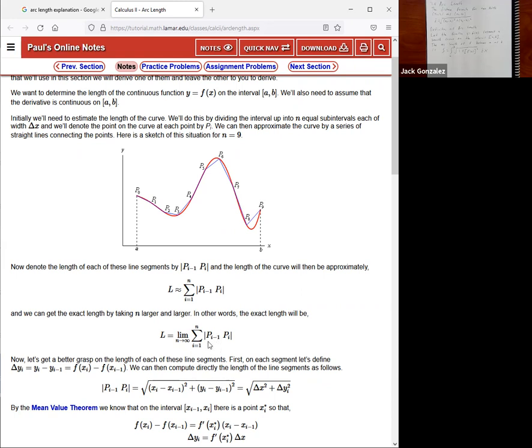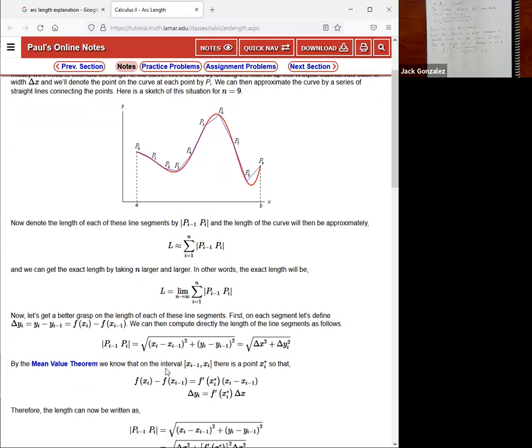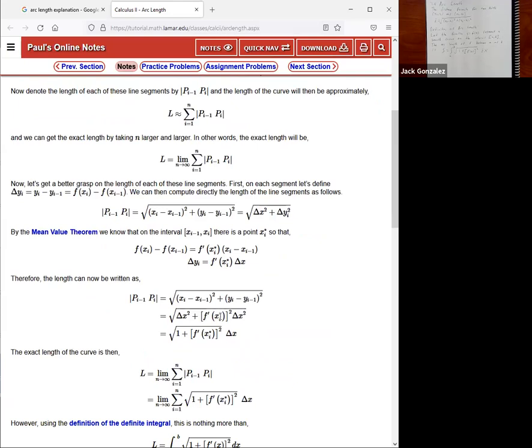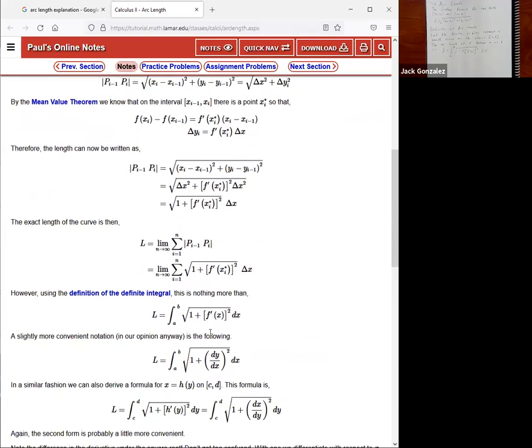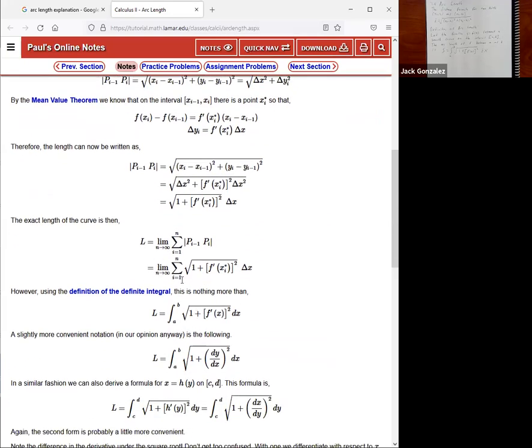So the theory and math behind it is they're taking the old school distance formula and adding an infinite number of pieces. When you take the limit of the sums of all these little pieces, you get this formula. I'm not going to prove this to you just to save time, but that's the idea.